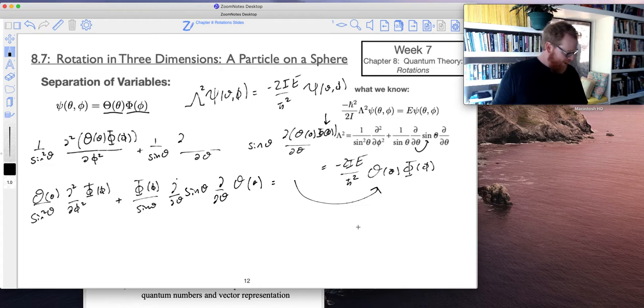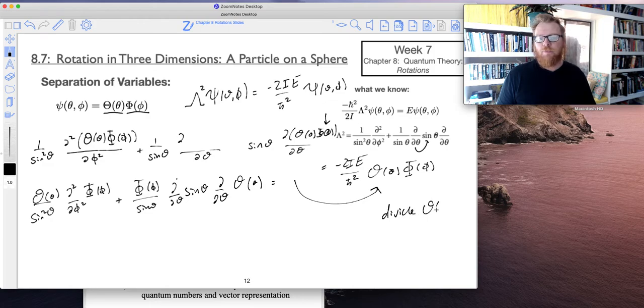Now what I can do is divide and conquer. I'm going to divide both sides by this wave function, theta phi. When I divide this out, check this out. The theta term is going to cancel, but I'm still going to end up with a 1 over phi.